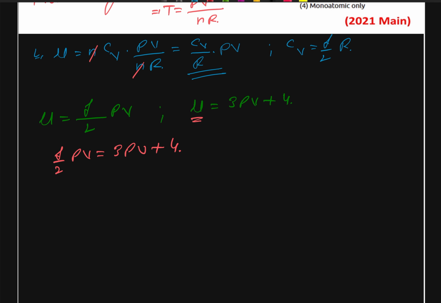So here, if we look at this equation closely, there is one discrepancy, or we can say there is one constant term which is available here, that is plus 4. So the constant term plus 4 suggests a non-ideal behavior or some sort of reference point.